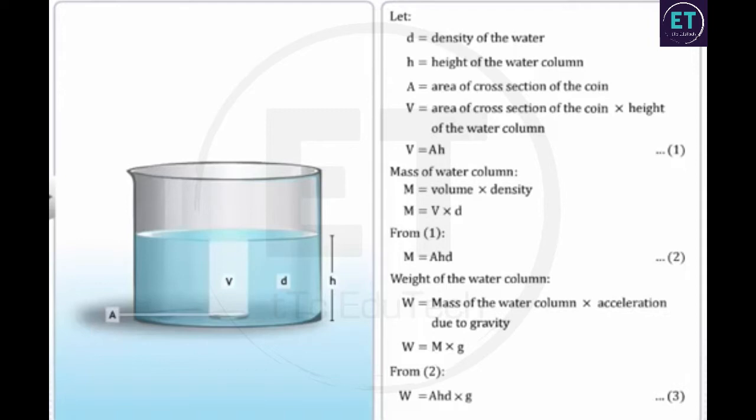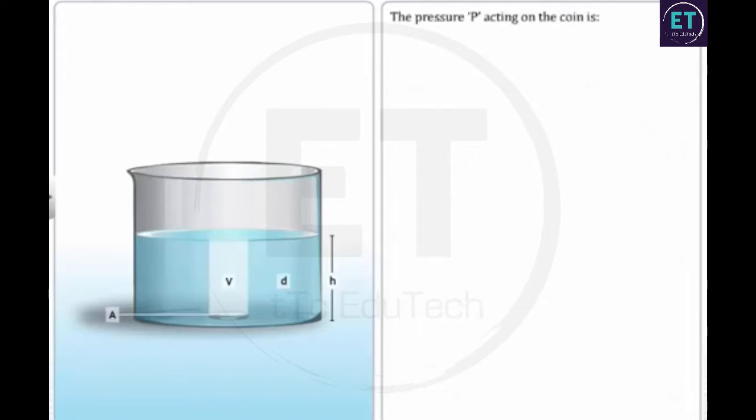The weight of the water column acts normally on the object. Thus, the pressure P acting on the coin is the ratio of the weight of the water column to the area of the coin. That is, P is equal to W divided by A.